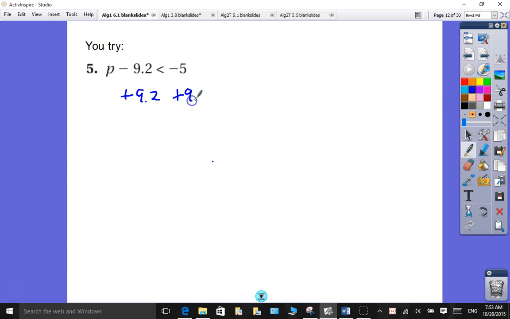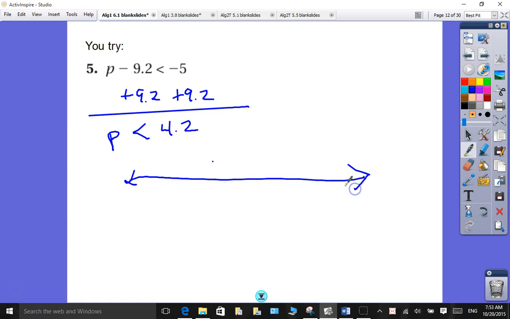Add 9.2. And P is less than 4.2. Graph it on a number line: open circle, shaded to the left.